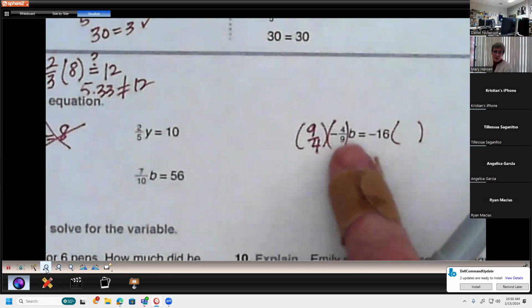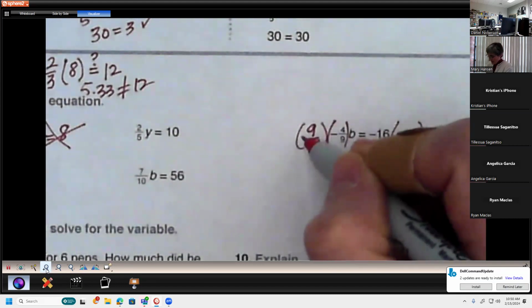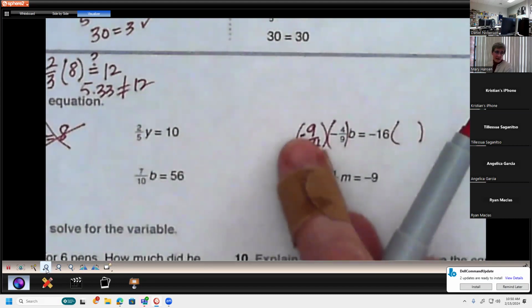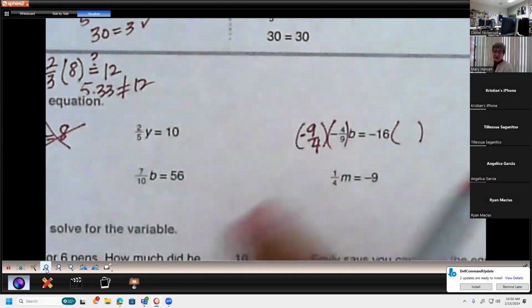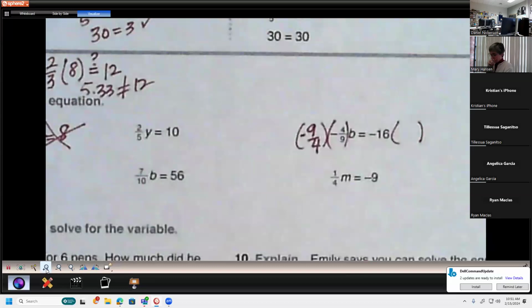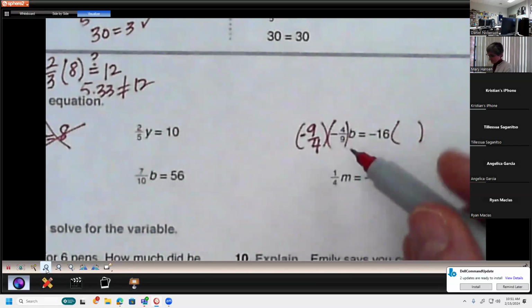And I want to just have b. If I multiply by a negative, a negative times a negative is a positive. Because if the signs are the same when we're multiplying, that's how we get a positive. So I do want to multiply by a negative 9/4.